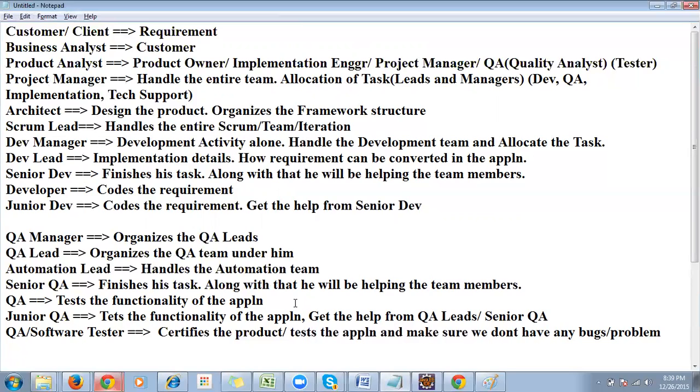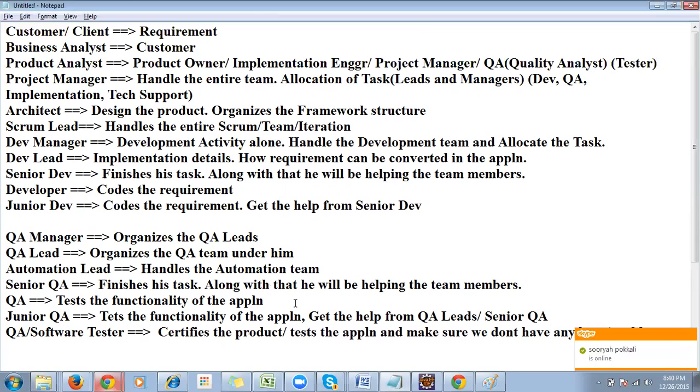Now we will see what is called the software development lifecycle and what is called the software testing lifecycle. The software development lifecycle gives you the information on how the software needs to be developed. What is the procedure for it?